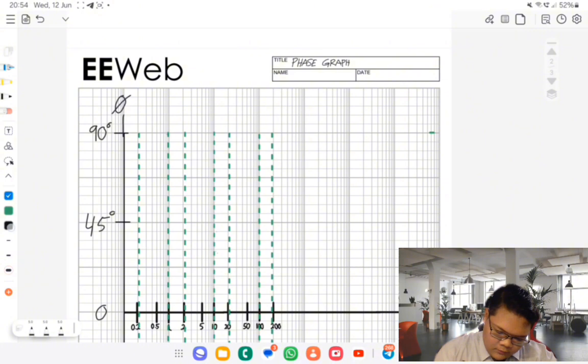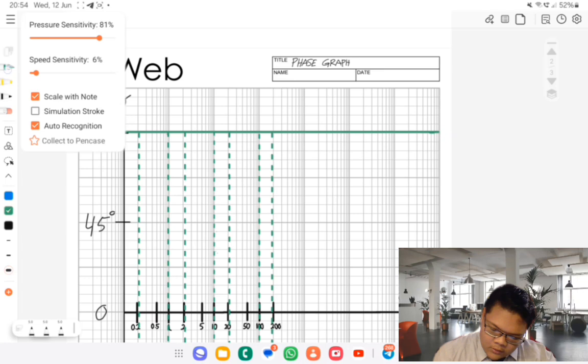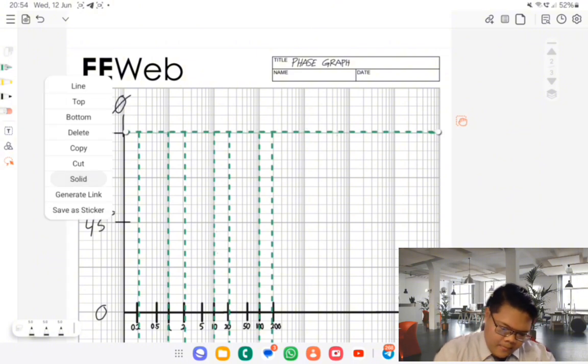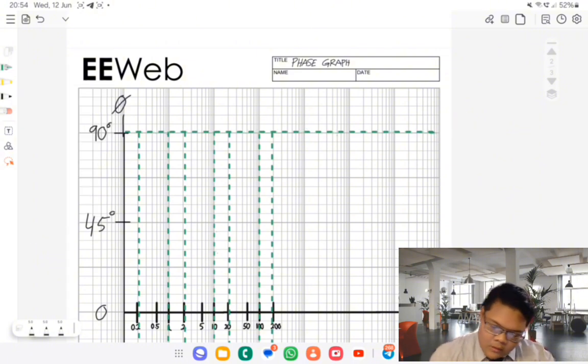Then we have to draw the line at the 90 degree straight line, and I have to change it to dashes because it is an imaginary part. So we rename here first our phase shift now.